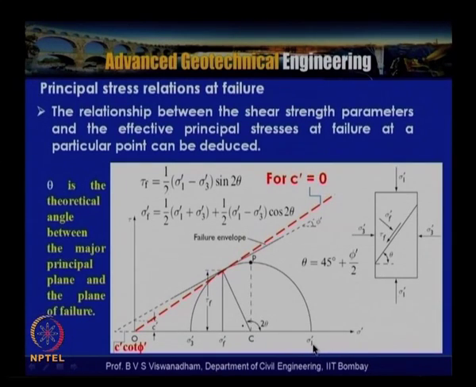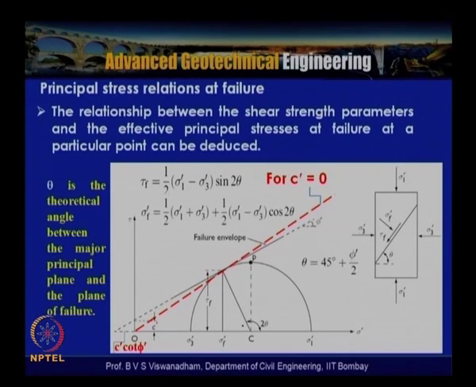Here this point is the point of tangency, and following the geometry we can write tau f is equal to sigma 1 dash minus sigma 3 dash by 2 times sin 2 theta, and sigma dash f is equal to half of sigma 1 dash plus sigma 3 dash plus half of sigma 1 dash minus sigma 3 dash cos 2 theta.